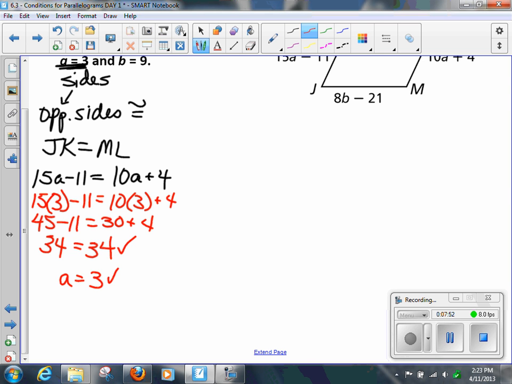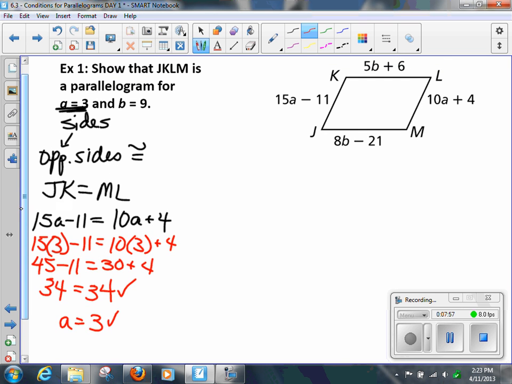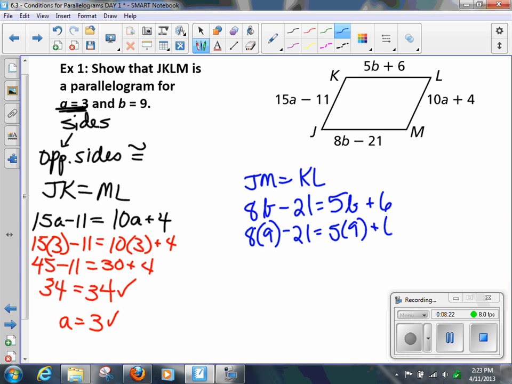That's a good thing. But now how do I verify my B? JM is equal to KL, you're right. JM is 8B minus 21. KL is 5B plus 6. You guys with me? Yes, Harry. Yes. 9. 8 times 9. 5 times 9.